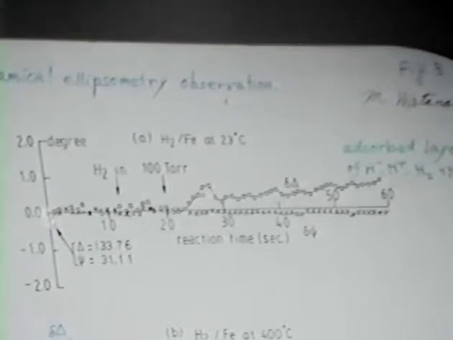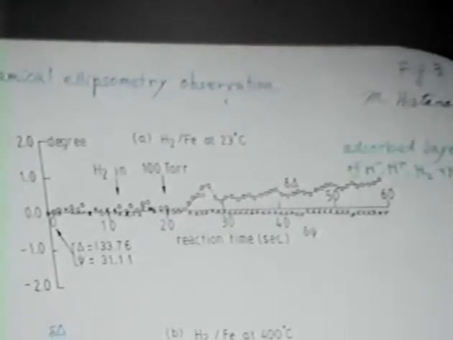Around the 12 second, hydrogen starts to dose, and at about 20 second, 100 torr of the hydrogen pressure is attained, and the steady state is also attained after this time.